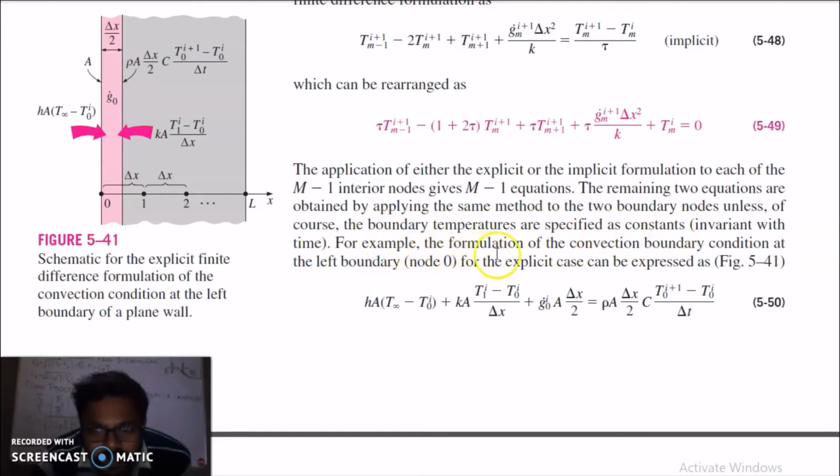For example, the formulation of the convection boundary condition at the left boundary node 0 will give you one more equation. For the explicit case, it can be expressed as hA(T infinity minus T0 at I) plus the heat transfer from this side due to conduction, which is kA(T1 at I minus T0 at I) divided by del x, plus heat generation, equal to the change in energy content of this element during that time interval, which is del T at this node.